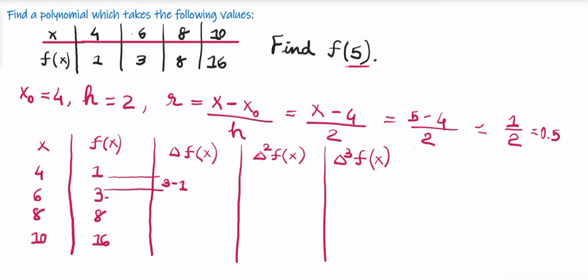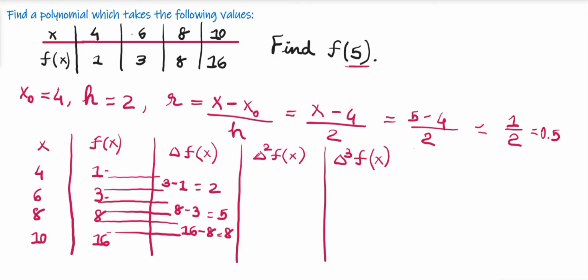And then here we'll calculate the delta f of x. That is the difference, 3 minus 1. Wherever you have left those blank spaces, that is the blank line, there only you will write this. So it will be, second one will be 8 minus 3, and third one will be 16 minus 8.